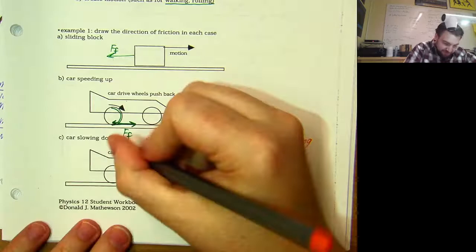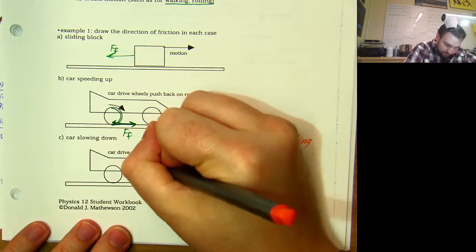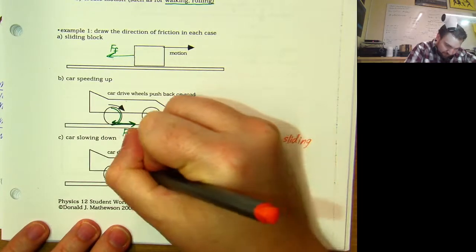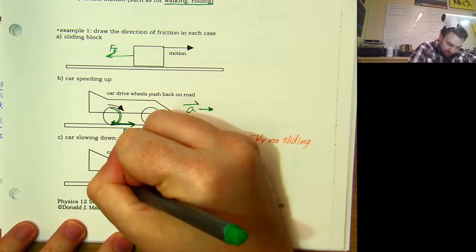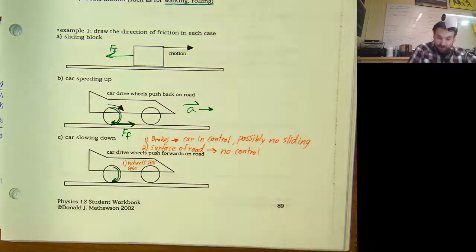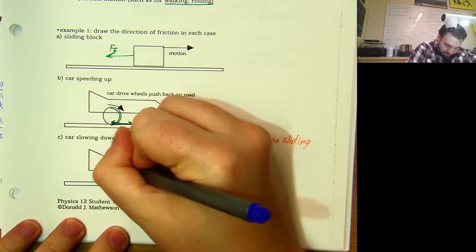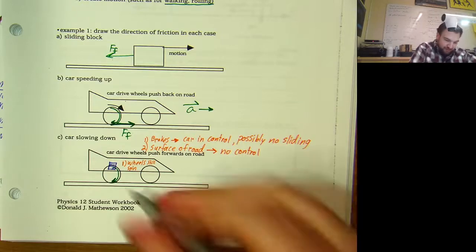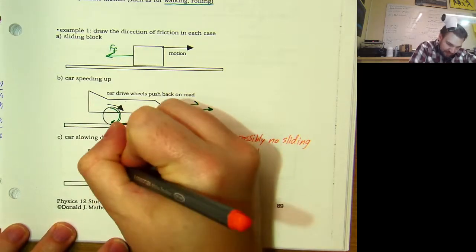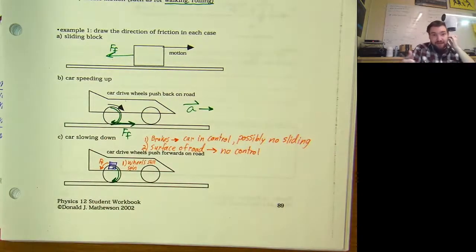let's say that the wheels are still spinning. So the wheel spins this way. What's actually doing the slowing down? Well, you've got brake pads. They grab onto your wheel, and this causes friction to act that way, slowing the spinning of the wheels down.